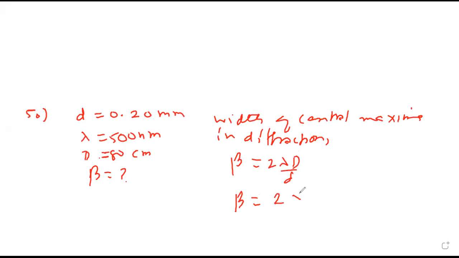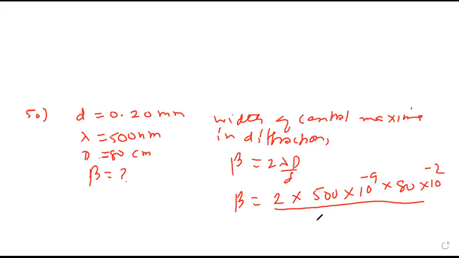So 2 times lambda, 500 nanometer is 10 raised to minus 9 meter. Capital D, 80 centimeter into 10 raised to minus 2 in meter. 0.2 millimeter, so 2 into 10 raised to minus 4 meter. You can cancel this. 5 into 8 is 40 and that 3 zeros, 10 raised to 3 into 10 raised to minus 11, 10 raised to plus 4 will come up.